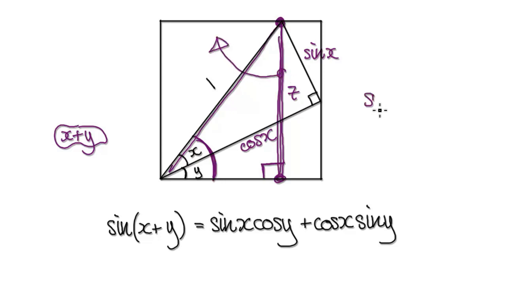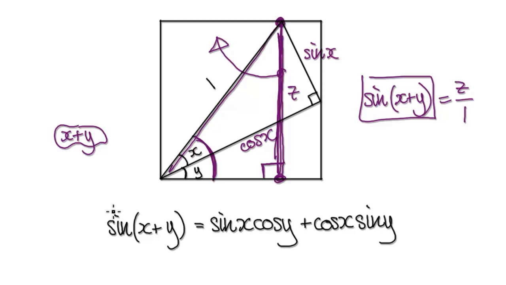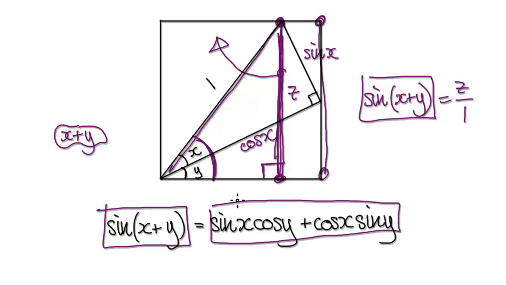So sine the angle, which is x plus y, equals this length, which is z, divided by the hypotenuse here, which is 1. So this height here is simply this block here. And then later on, it turns out that this height here is the combination of these two, which I will show you later on.